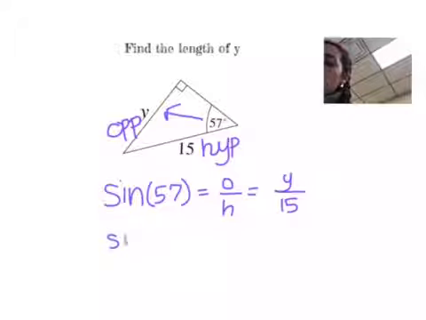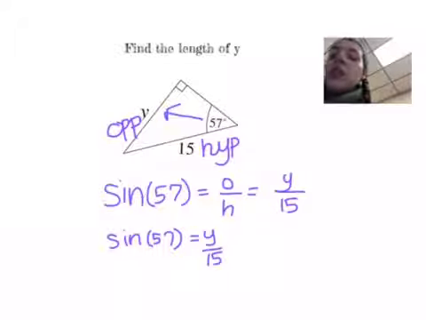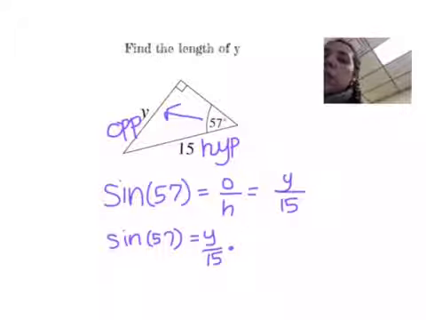So let me rewrite this. So basically we are going to look at this as being a one-step equation, and we want to solve for y. So if I want to eliminate the 15 that's in the denominator, I would multiply by 15 on both sides. That way this 15 will cancel out, and then I'm left with the value of y.